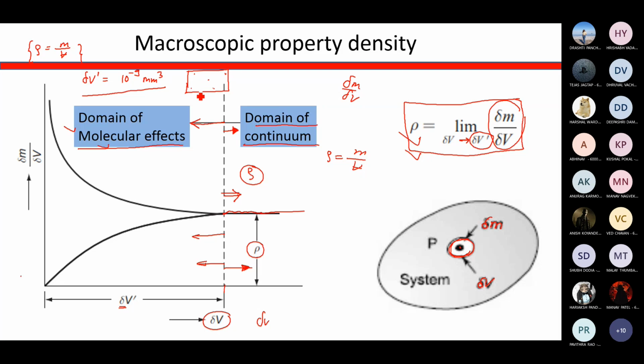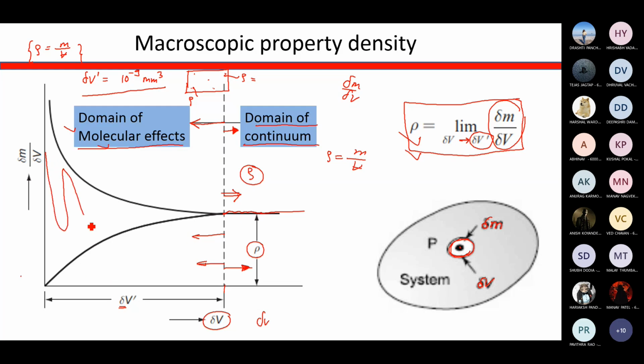So it is quite possible that if I try to find out what is the density in this zone, rho, it might be different. If I try to find out what is rho here, this may be different, right? So why is this discontinuity there? Because mass is not distributed uniformly. That's why you will see these two curves given for the same problem.